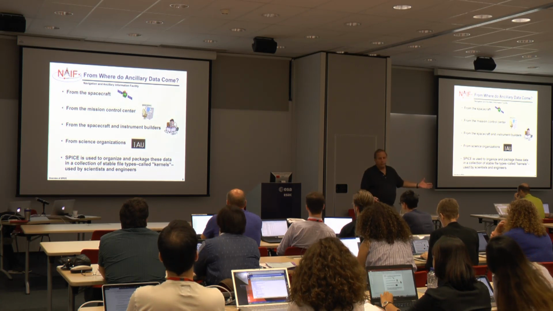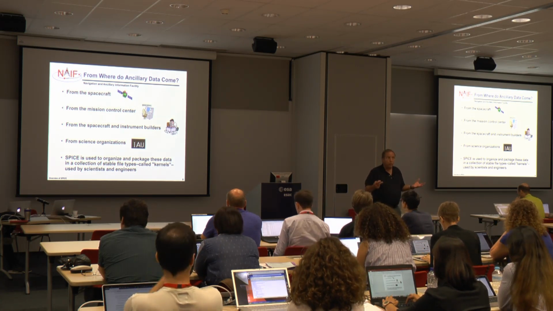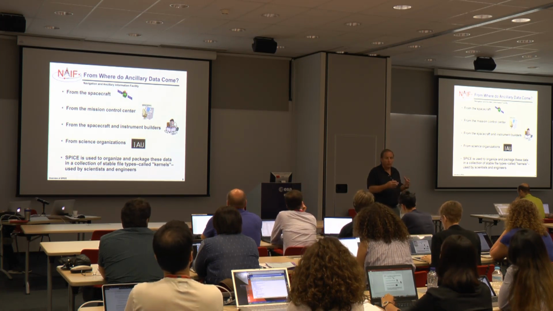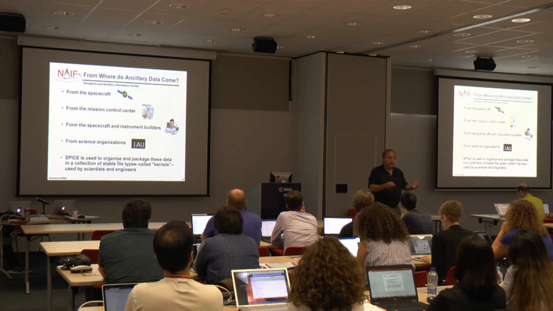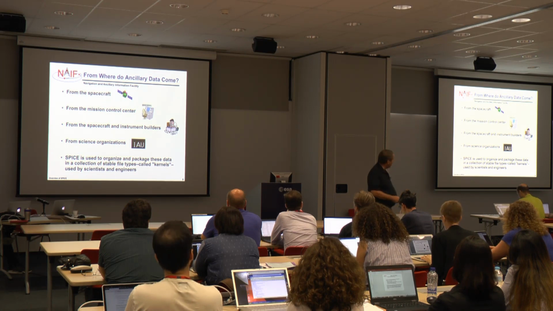And no matter which mission or where the data are coming from, SPICE so far has been able to always find a way to ingest data from all these missions, all these sources, into this fixed set of kernels. And that way you have a fixed kind of data to work with to make derived computations, observation geometry.